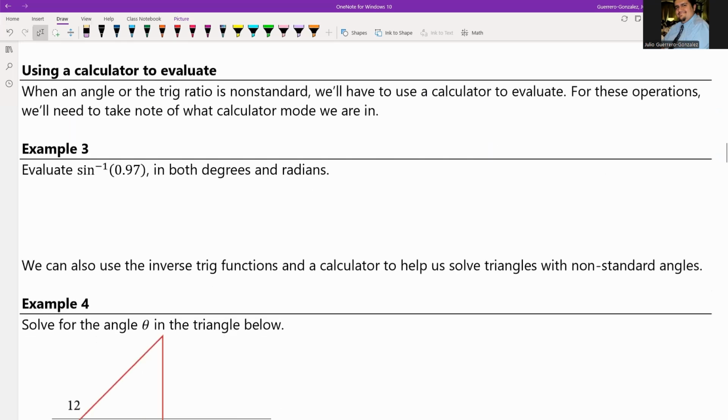Using your calculator. Okay. This is more of how we would use inverse trig in the more applicable, practical sense. So for this, I want to open up Desmos.